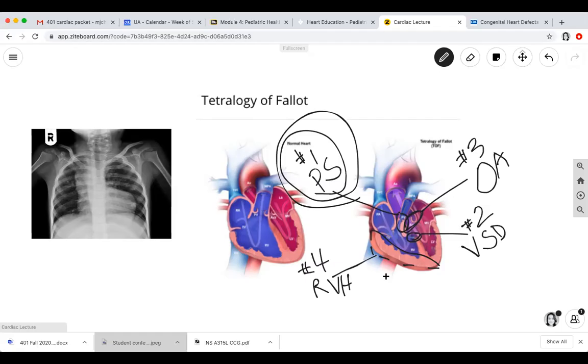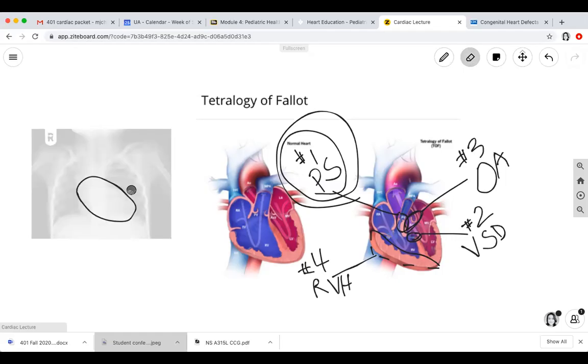Our next question, number 3: what causes the cardiac silhouette to have a boot-shaped appearance on the chest x-ray? I pasted in a sample chest x-ray for you, and typically the shape of the heart is more like that. Well, that was probably a bad example.